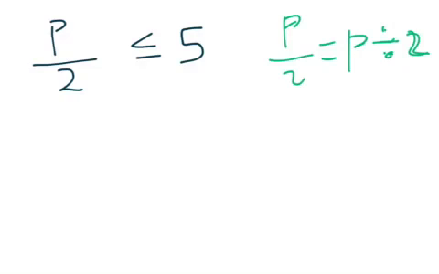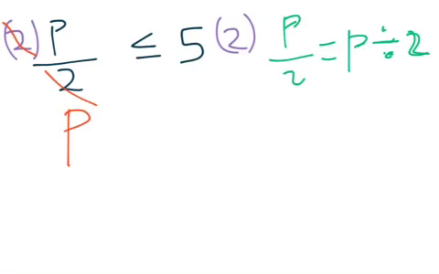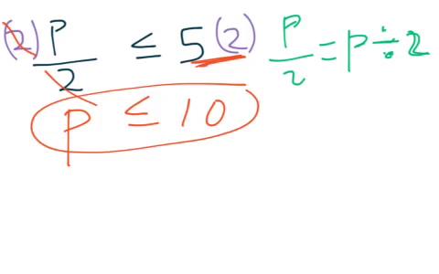Well, I'm going to multiply both sides by 2. What does that do? Well, doesn't 2 divided by 2 give me 1p less than or equal to? And 5 times 2 over here is simply 10. So our answer is p less than or equal to 10. Again, pause the video if you need to and jot this fourth inequality down.